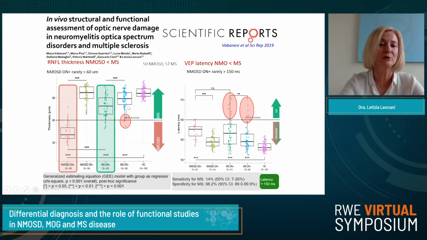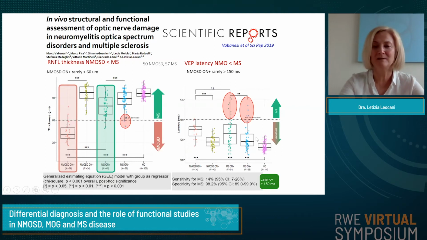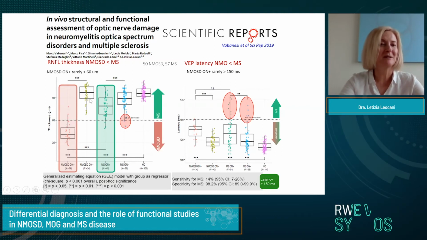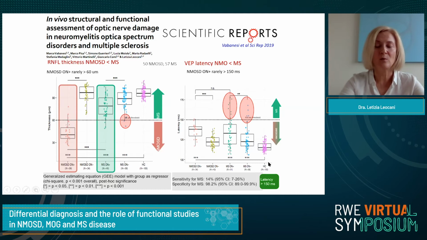So again, also here there is a quite important subclinical involvement of optic nerves in people with MS, which is less evident in people with NMOSD, where the loss of axons tends to be attack-related compared with disease-related. So less subclinical involvement in NMO.